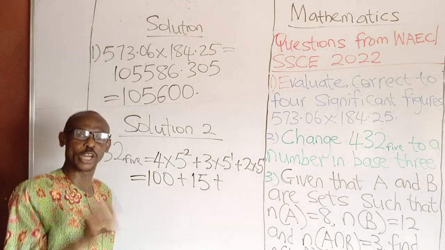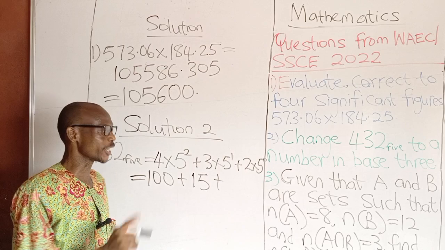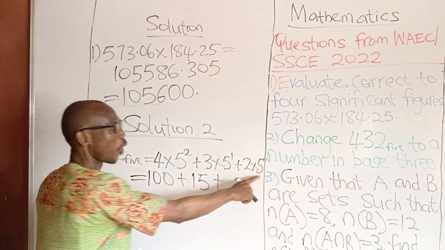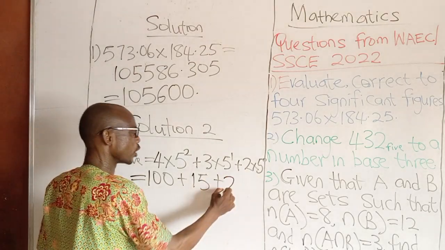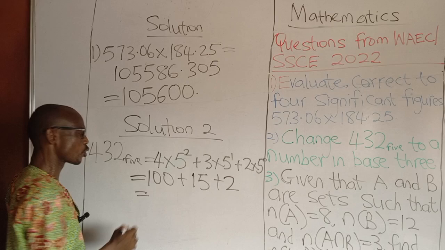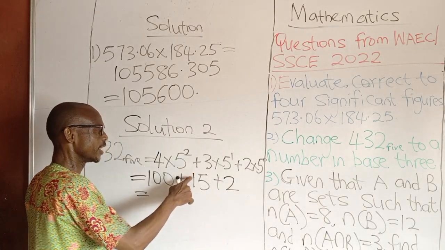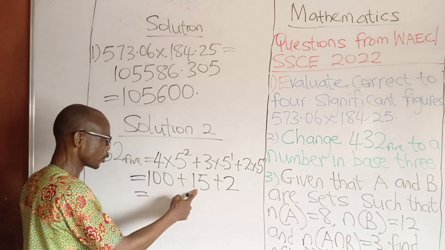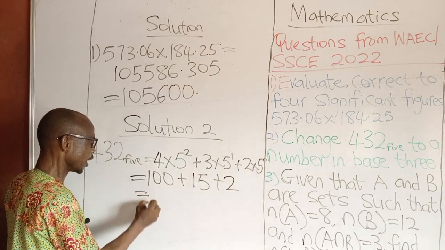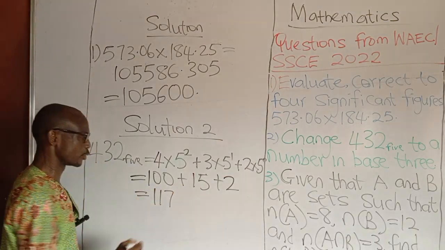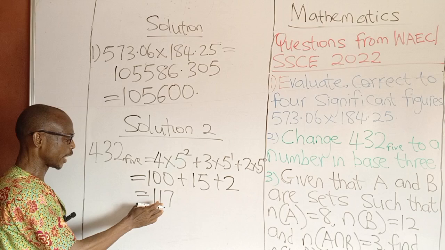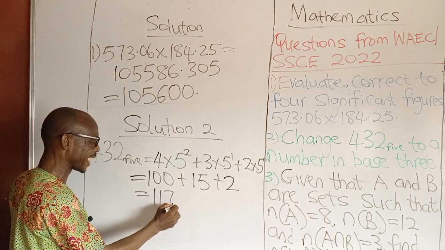Any value that is raised to the power of 0 is equal to 1. So 1 times 2 gives us 2. This will now be equal to 2 plus 15 is 17. And 17 plus 100 is 117. That gives us a change to base 10.